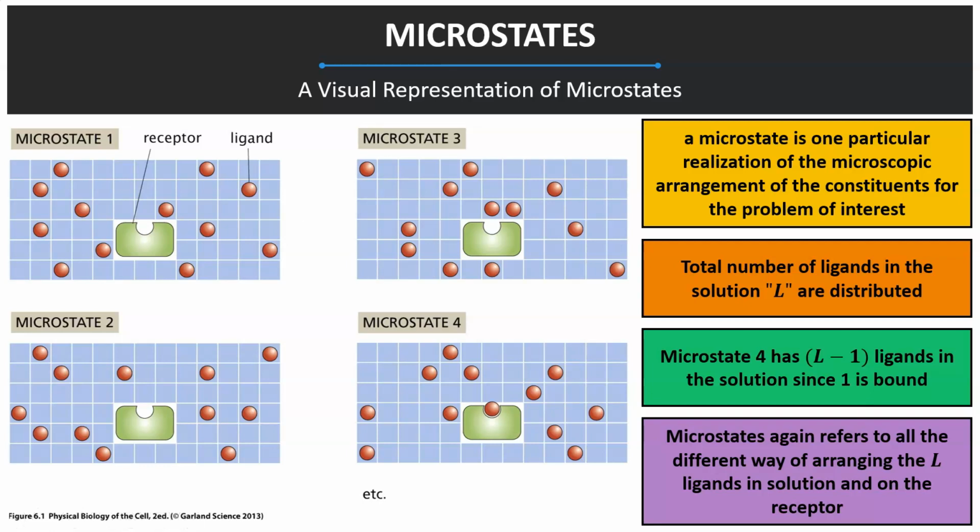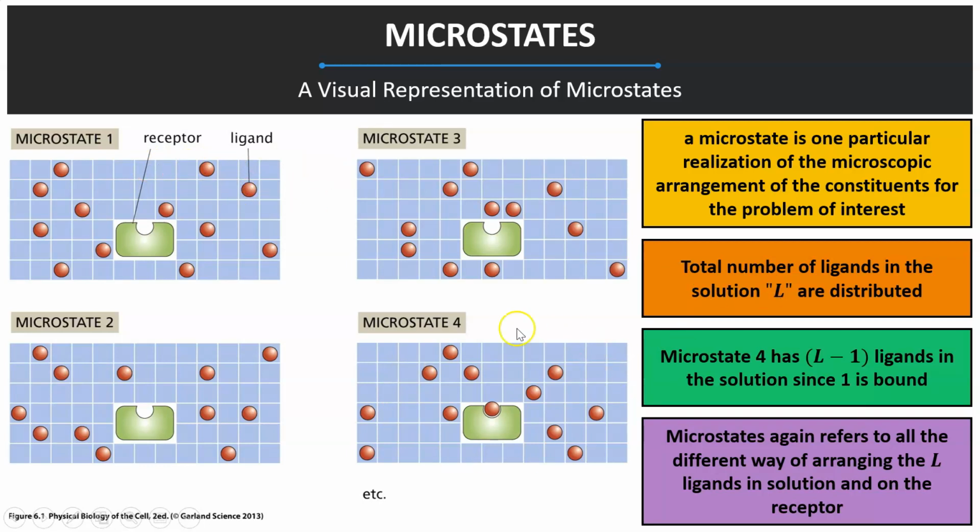The microstates of the system correspond to the different ways of arranging the ligands among the provided lattice sites. Microstates 1, 2, and 3 represent situations where the receptor is unoccupied by the ligands, while microstate 4 here has the receptor occupied. Therefore, in microstates 1, 2, and 3, there are a number of ligands L distributed in the solution.